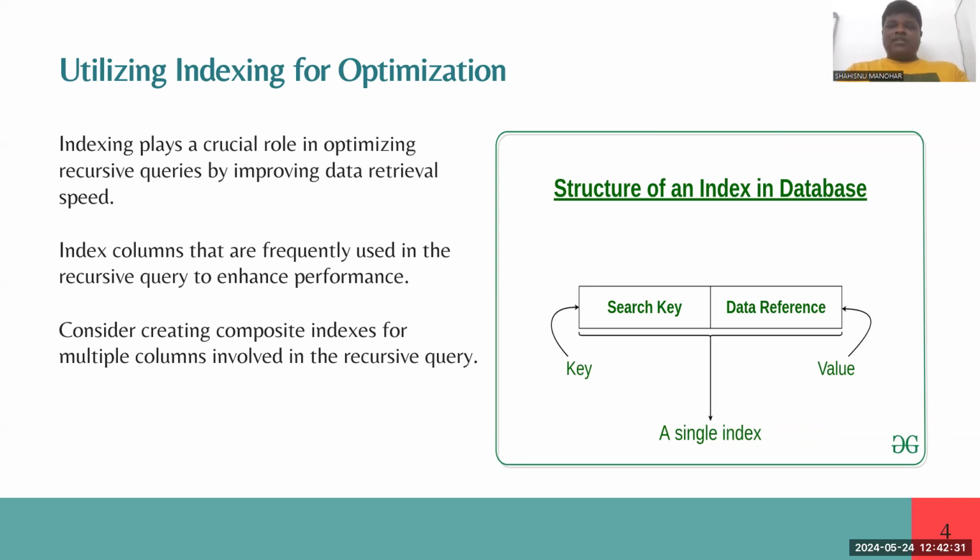As you can see in the diagram, this is the structure of an indexing database. The structure has a search key and data reference, like a linked list where you have data and a reference pointer, like a pointer to the previous value or the next value. The search key consists of the key and the data reference consists of the value. The whole thing is a single index.